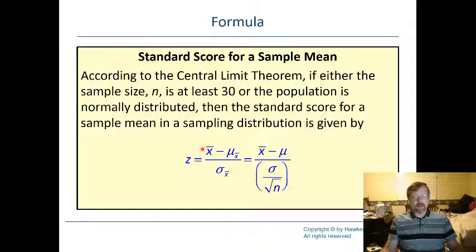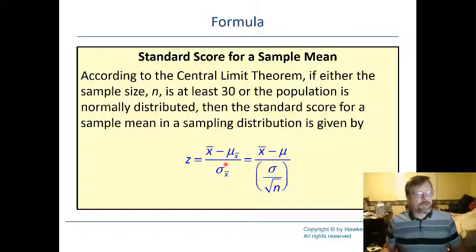X bar being our sample mean, mu subscript x bar being the mean of the distribution of sample means, sigma sub x bar being the standard deviation of that distribution of sample means.